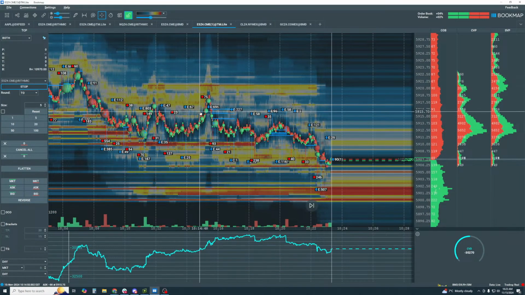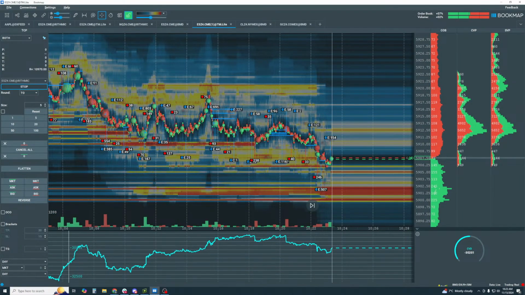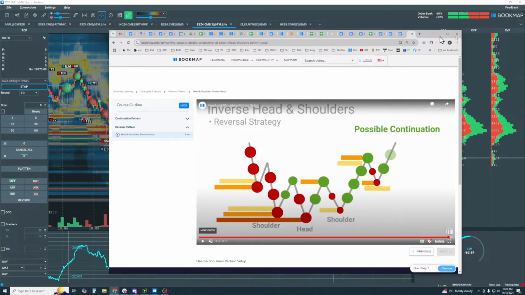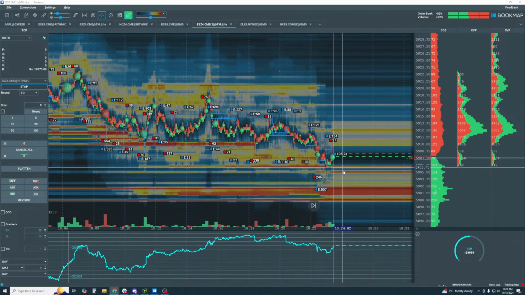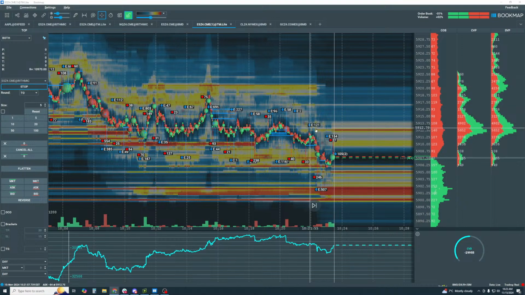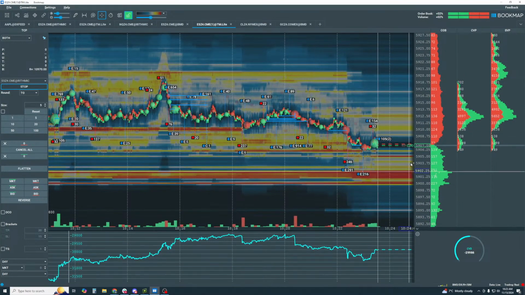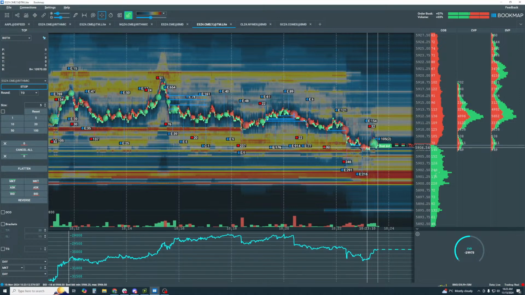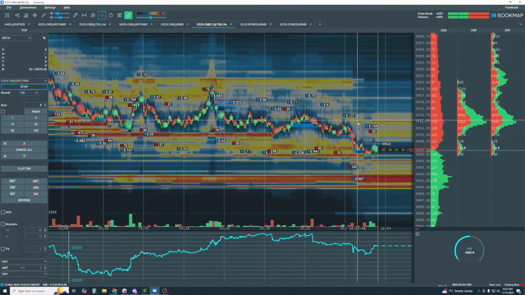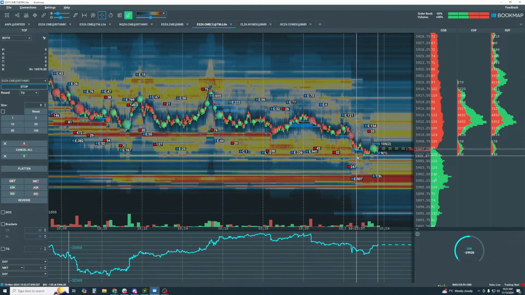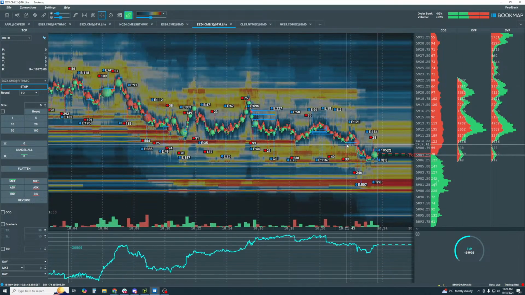So the criteria is not here to get involved in this reversal trade at this time. We're still going lower, so we'll continue to look for it. What we're looking for now is to continue into lower liquidity into these levels here. We never know, right?